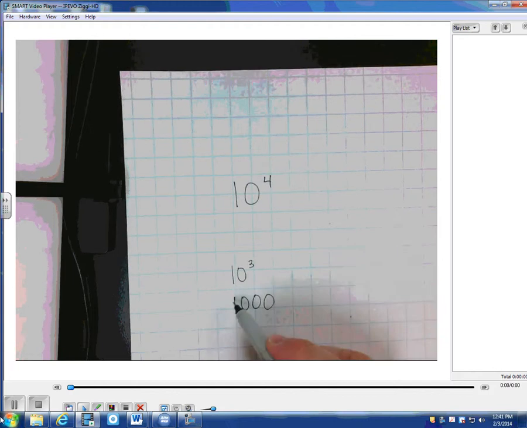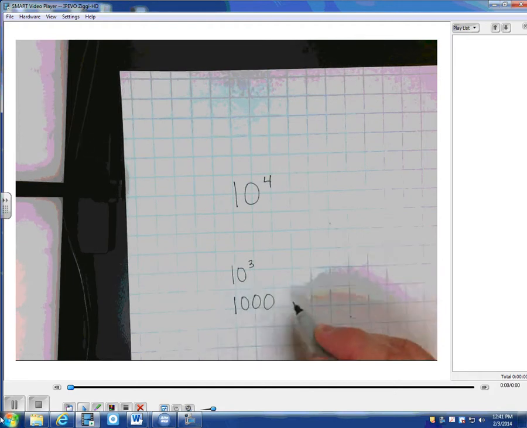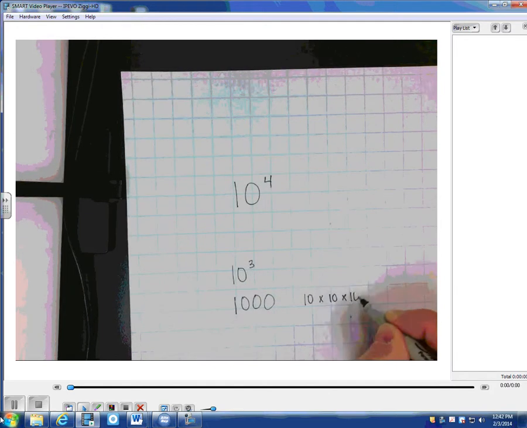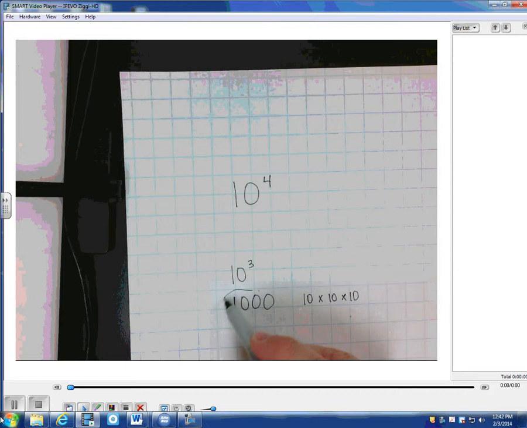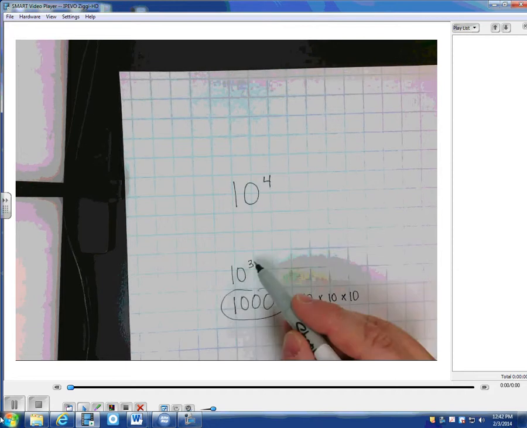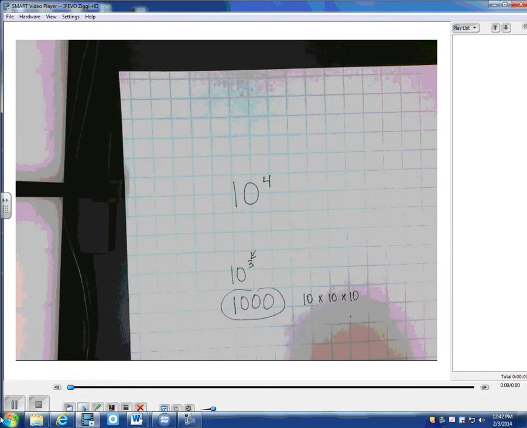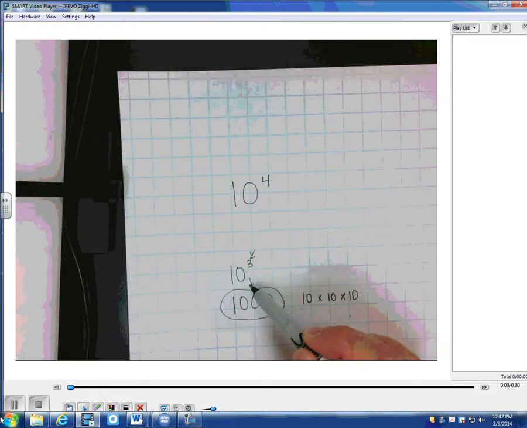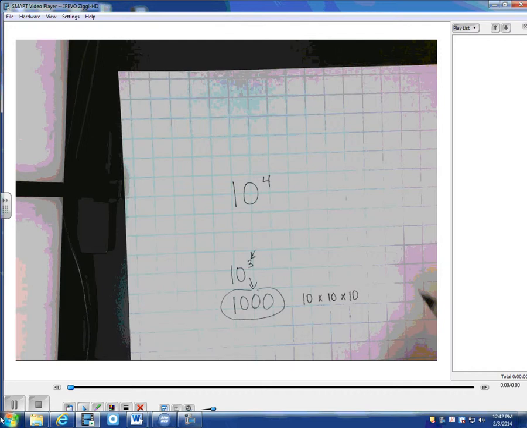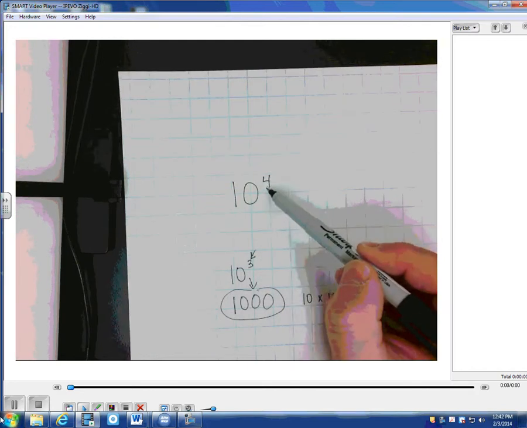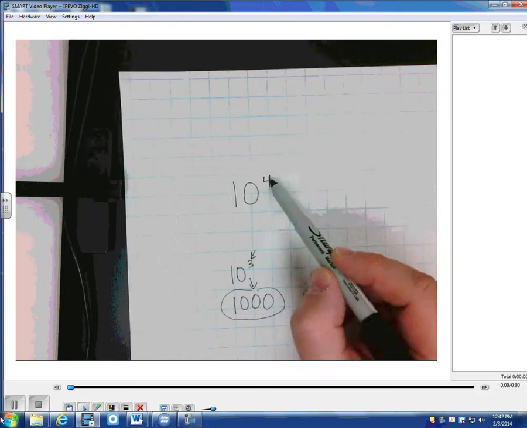That's the same thing as saying 10 times 10 times 10, and that would be 1,000. Again, the exponent tells me how many zeros I'm going to have in my answer. So based on that, you're going to determine what the number would be for 10 to the 4th power.